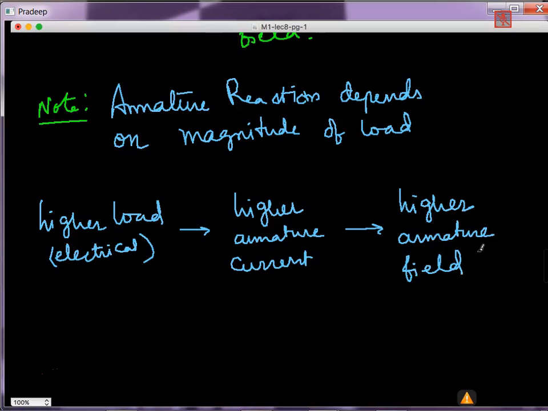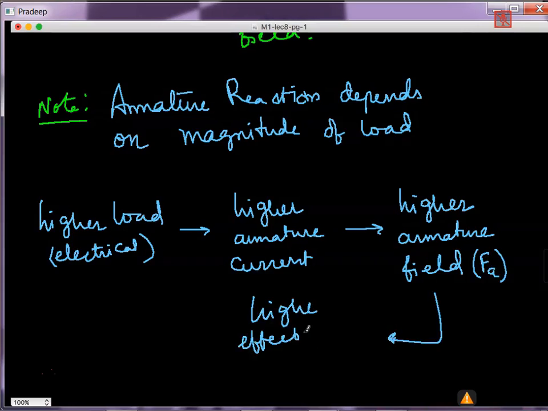So the field is Fa. This results in a higher effect of armature reaction.